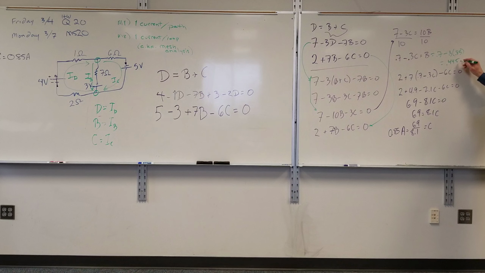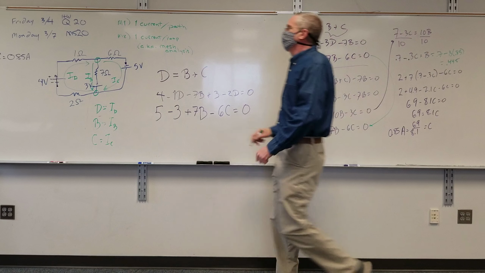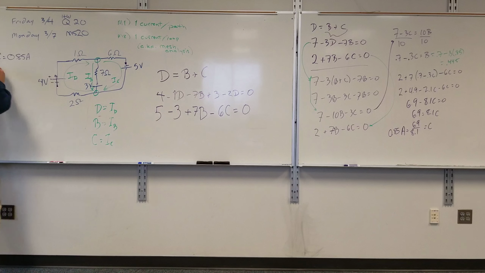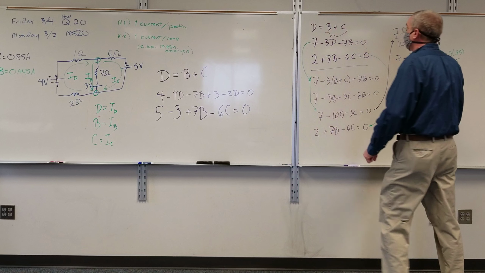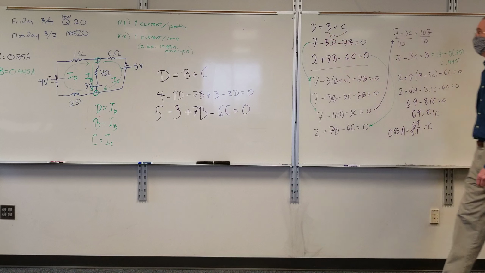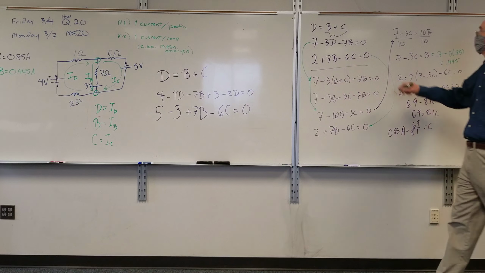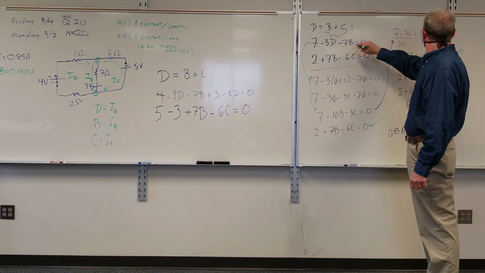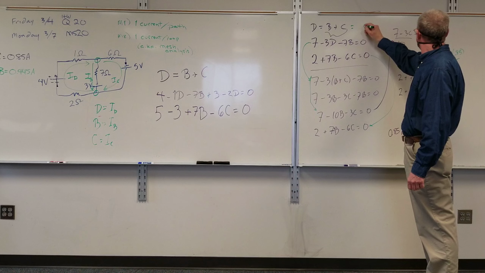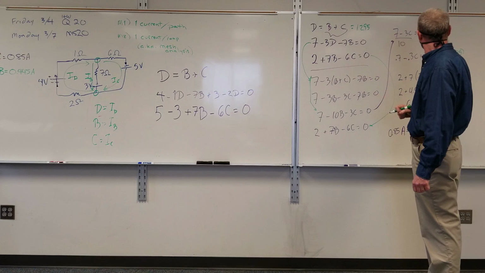That's exactly right. And then we have an equation here for D. It's just the sum of B and C. So doing the fancy math there, we get 1.295.